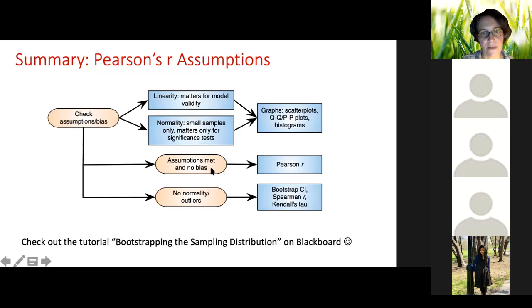If all these assumptions are met and we have no outlier problems, then we can use Pearson's r. Otherwise, if the data are not normally distributed or we have outliers, we want to bootstrap our confidence intervals and use more robust measures of association for our two variables.